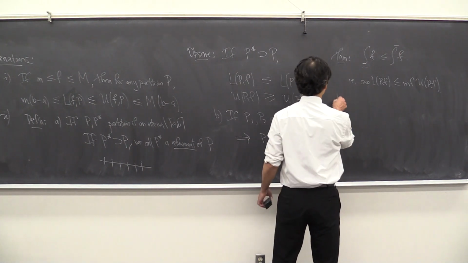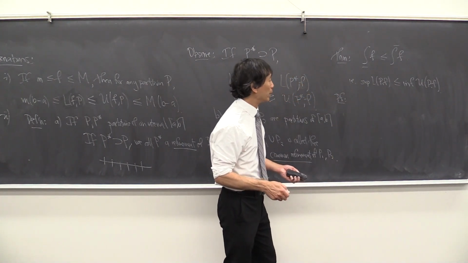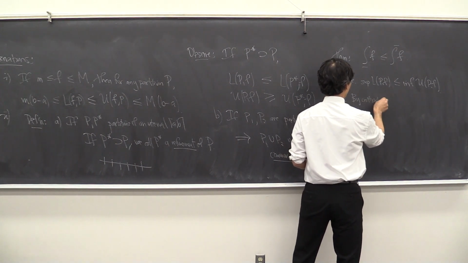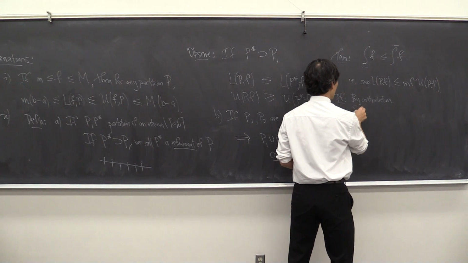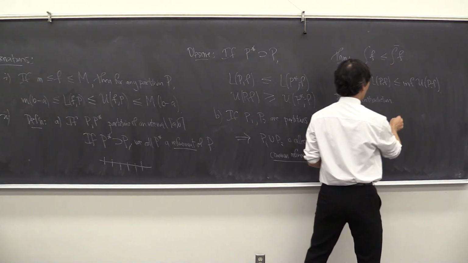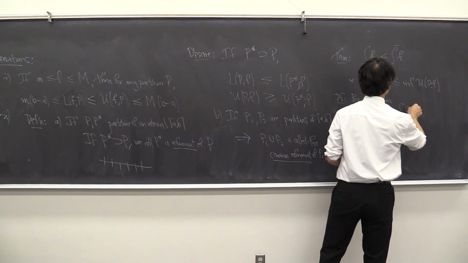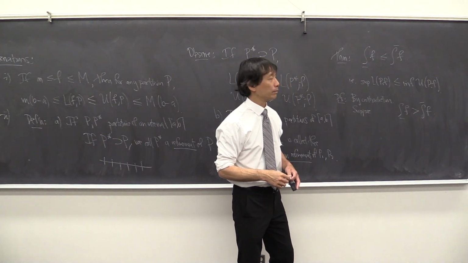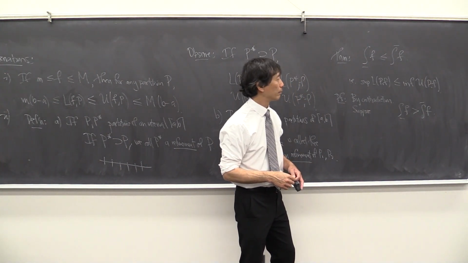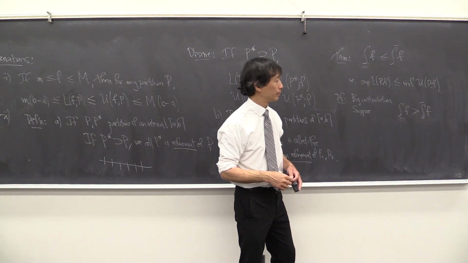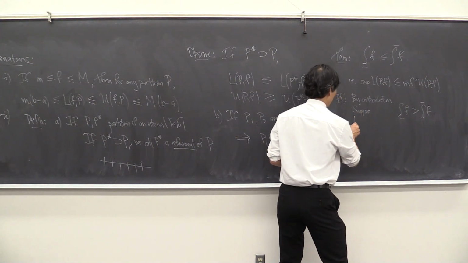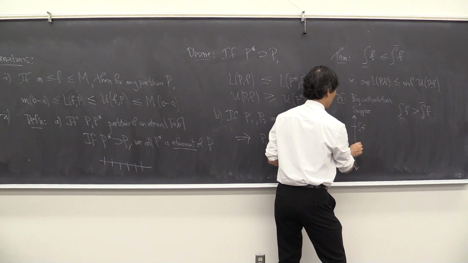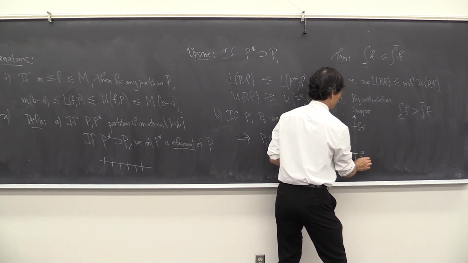We're going to do a proof by contradiction. Suppose that the lower integral is strictly greater than the upper integral. Let's put a number line here, and we have the lower integral, strictly greater than the upper integral.